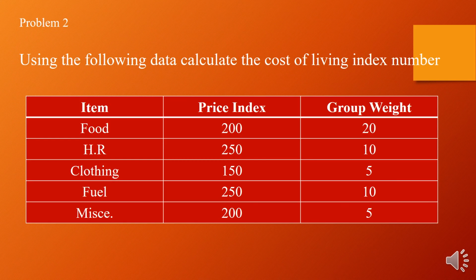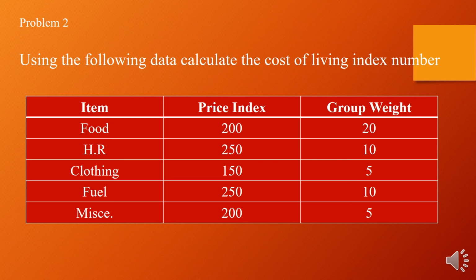Second problem: using the following data, calculate the cost of living index. As I mentioned earlier when I was discussing the formulas of consumer price index, in the family budget method, when the group data is given, we have to use summation WP divided by summation W. That formula is applicable here. You can't use the last formula here.